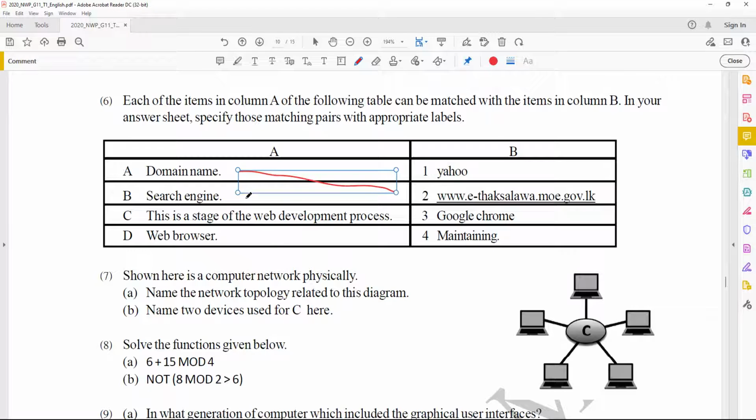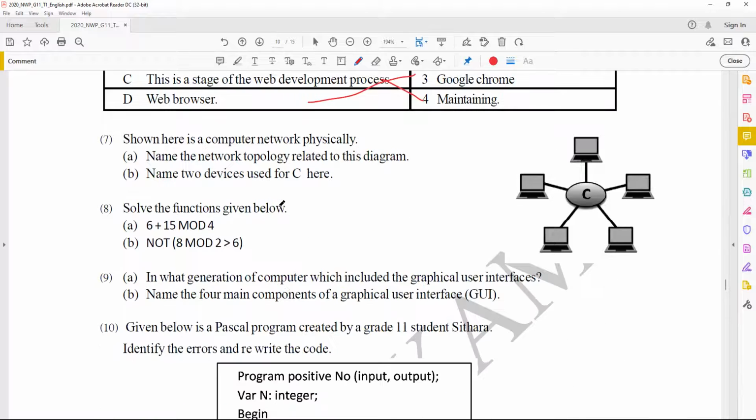But nowadays it's quite old. Right. C, maintenance. Yes, there are different stages in web development, so maintenance is the one. D, Google Chrome. Yes, we have web browser.